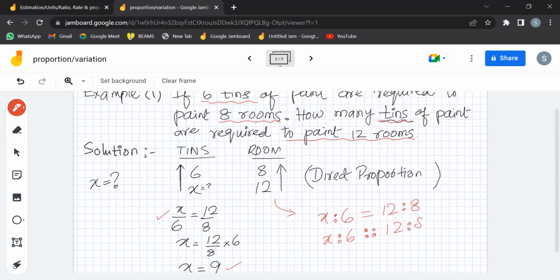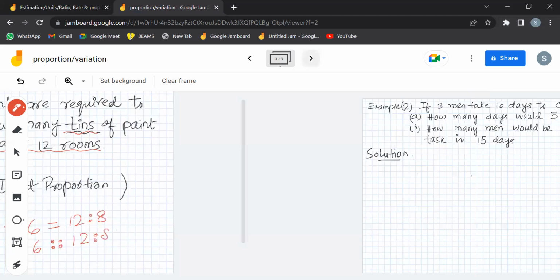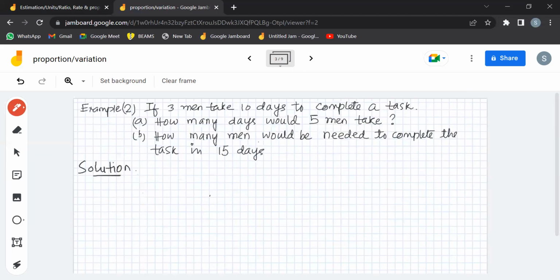A simple example. Next is: if 3 men take 10 days to complete a task, how many days?